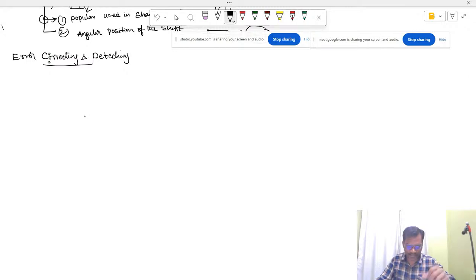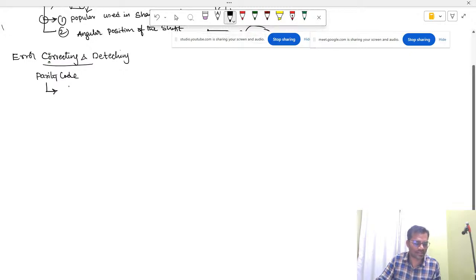Correcting and detecting codes. In these error correcting and detecting codes, the first one we are going to discuss is the parity code. What is meant by a parity code? A parity code is a simple technique for detecting and correcting errors.